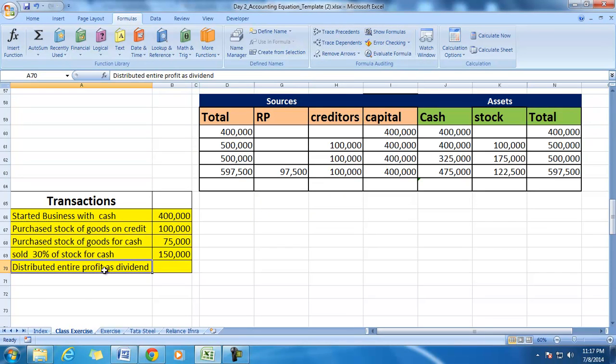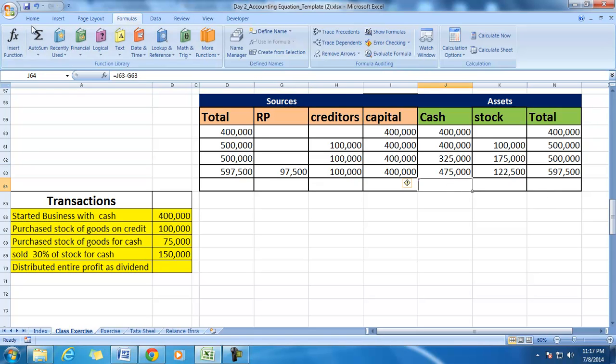However, the next transaction says the company distributes the entire profit as a dividend. When the profit is distributed, the distribution of profit is called dividend, and the dividend is given to the shareholders, and the decision to give dividend is generally made by the management. The shareholders have no right to demand the dividend distribution.